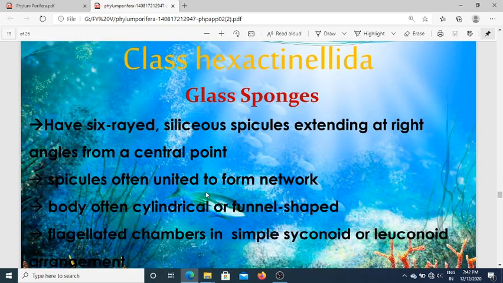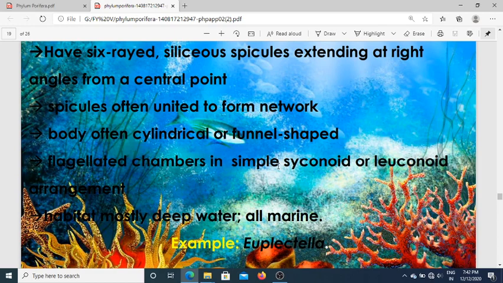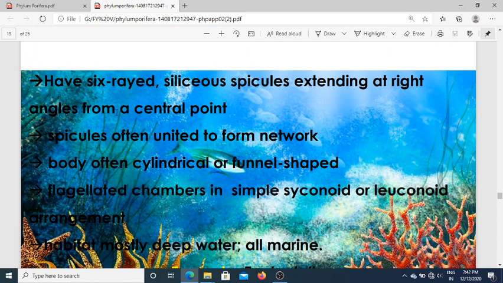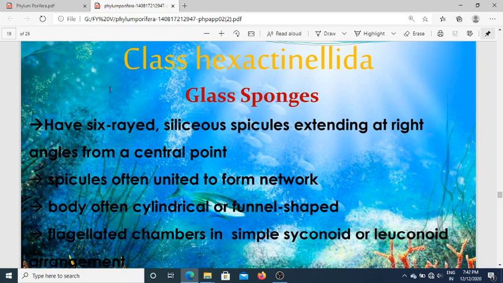The next class is the Hexactinellida, also called the glass sponges. These have six rayed siliceous spicules extending at right angles from a central point. These sponges are marine and occur in deep sea systems.